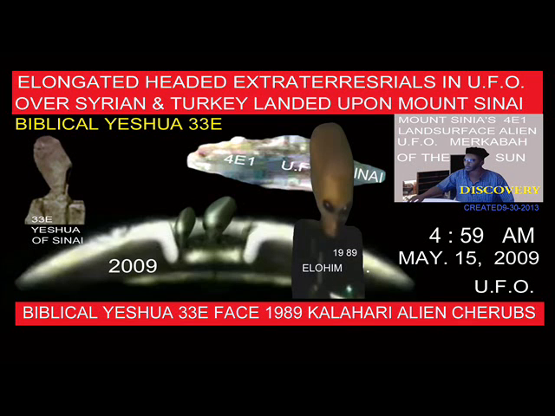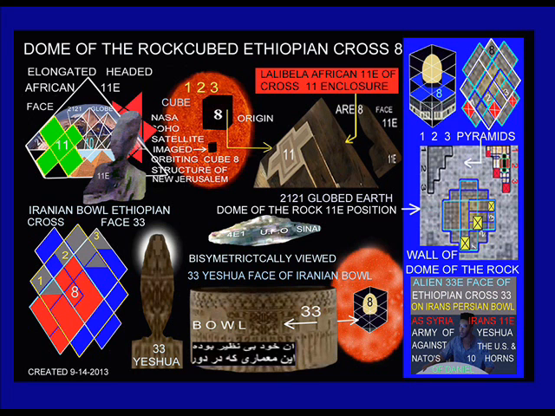Now remember, the vertical section of the Ethiopian cross and the horizontal section of the Ethiopian cross, when you look up from the center of the Ethiopian cross, if you were standing in it, you're going to look towards the east. Now when you look towards the east, you're looking at the northeast corners of the vertical and horizontal Ethiopian cross.